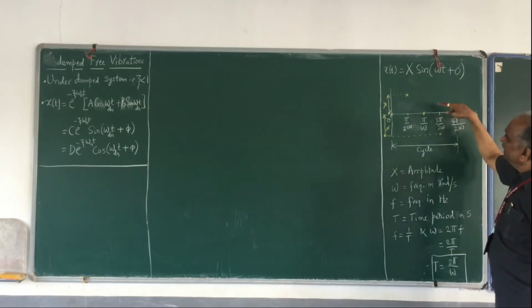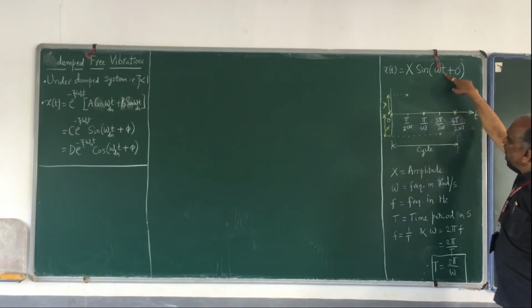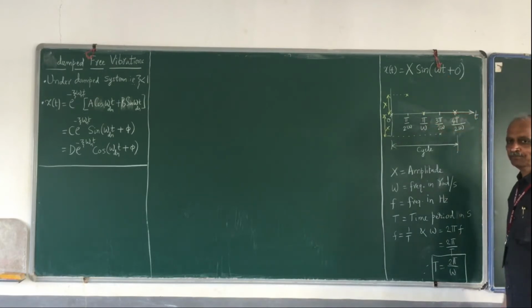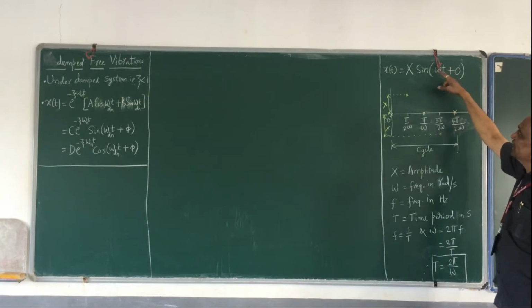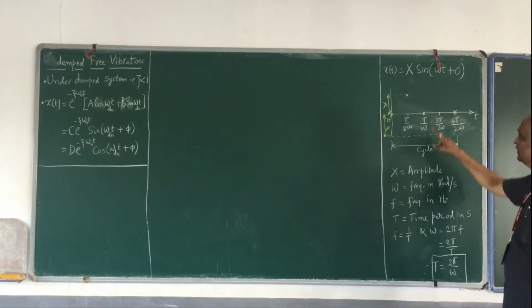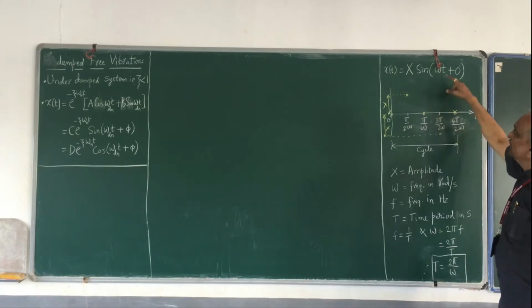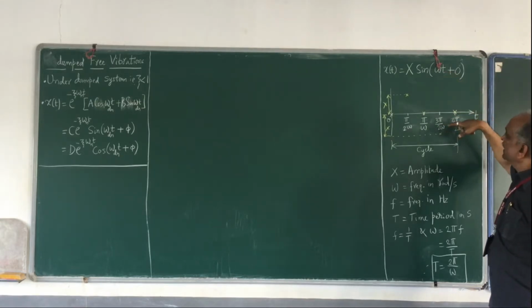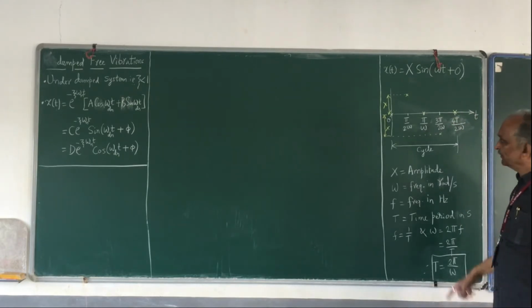Similarly, if small t is pi divided by omega, omega cancels and you have sin pi, which is sin 180 degrees, that is 0. Similarly, if t is equal to 3 pi divided by 2 omega, omega cancels, you have 3 pi by 2, which is 270 degrees.